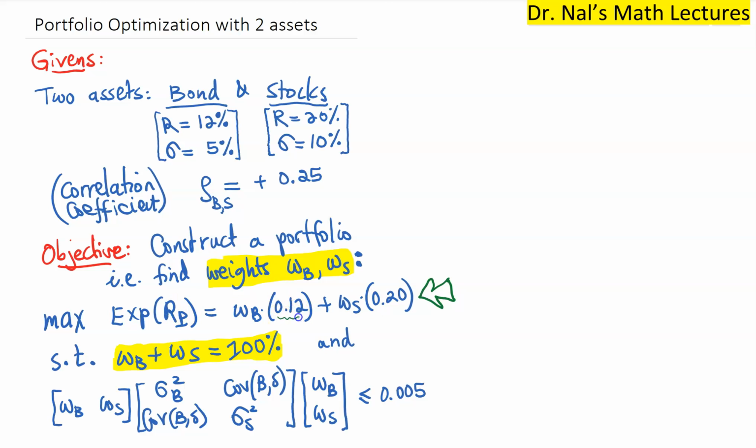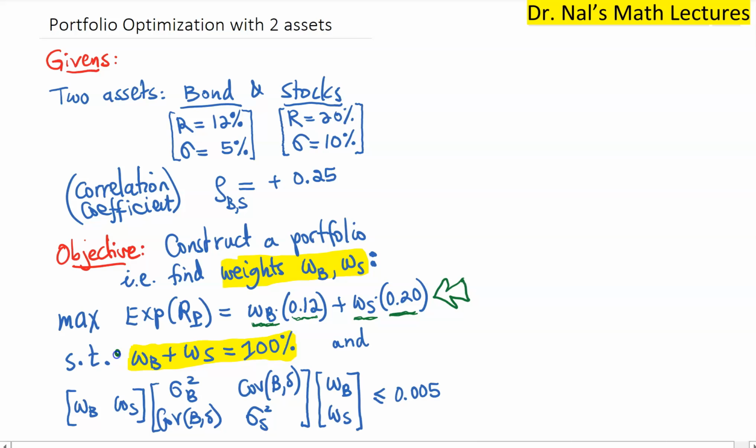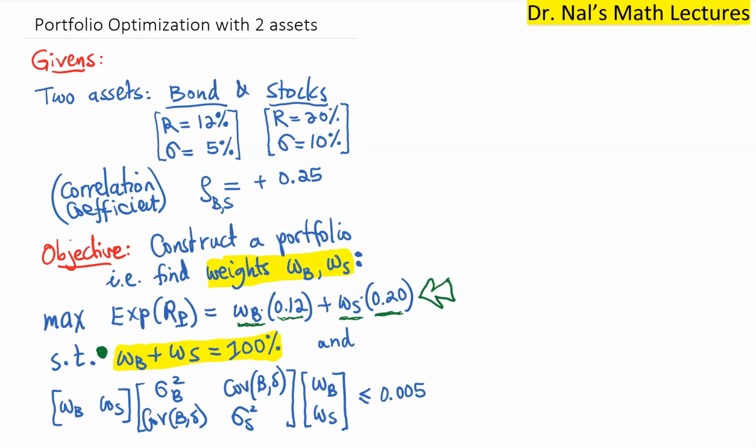So 12% return for bonds, and this is the proportion of our portfolio invested in bonds, and 20% return on stocks, and this is the proportion of the portfolio invested in stocks. That expression is the one that we want to maximize, and like we said earlier, we want to make sure that we spend all of our money on bonds and stocks.